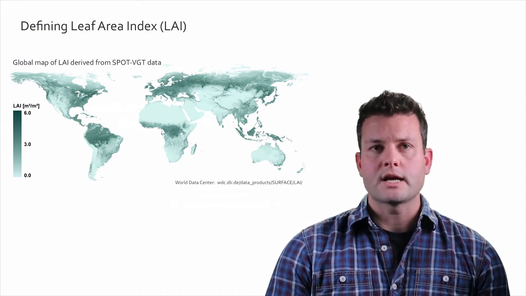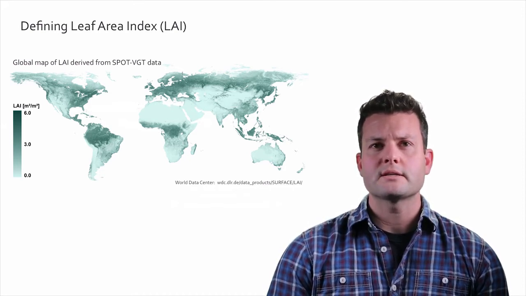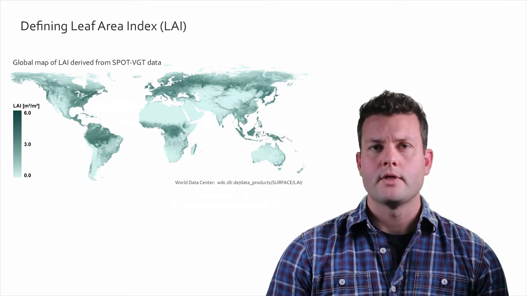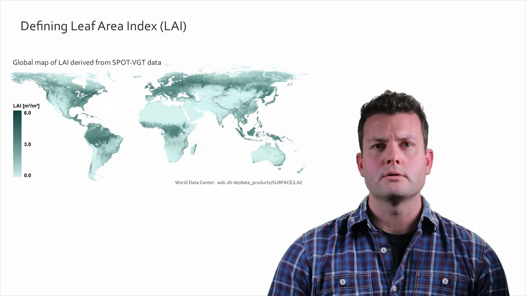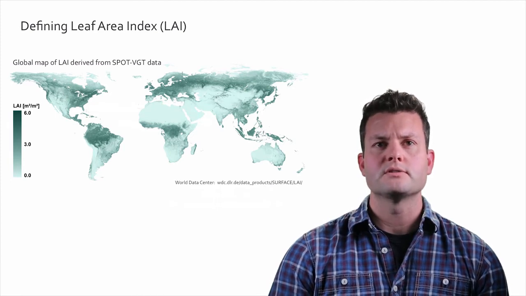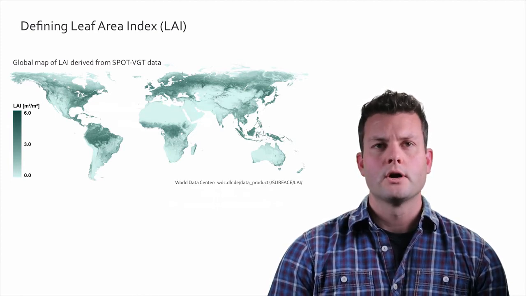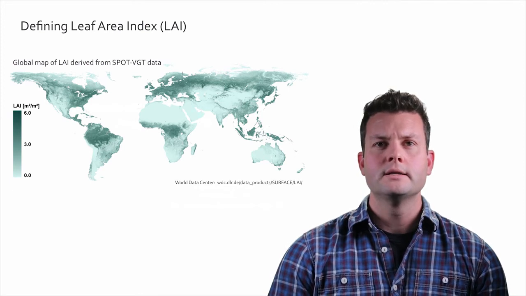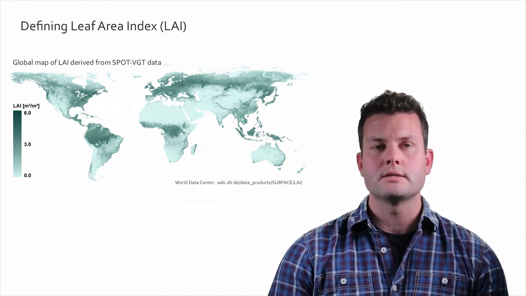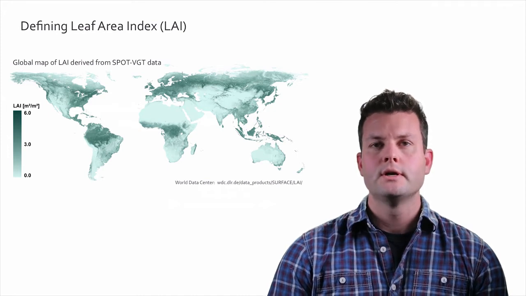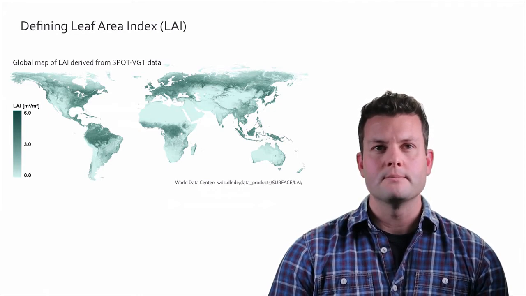You can see that that's where we have some of the densest, highest LAI forest anywhere on Earth. And then as we move either to the north or to the south of that, you can see where a lot of our deserts occur that have very low LAI. And then again, moving further to the north or to the south, as we get into the temperate zones and the boreal zones, you can see that LAI picks up again.